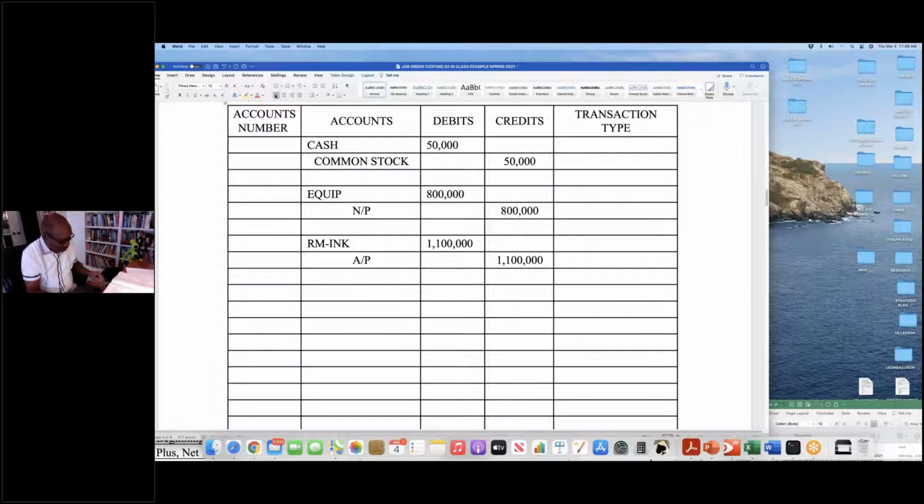You debit work in process and credit raw materials, Inc. So we're going to debit work in process and we're going to credit raw materials. It'll be 1 million. Okay, so let's put that in.